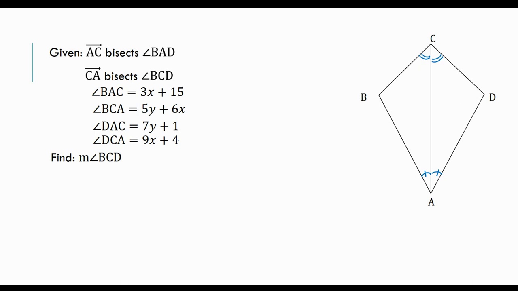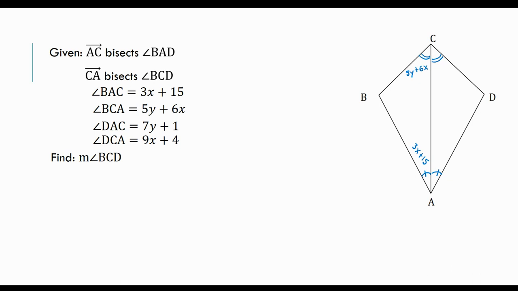We are told that the angle BAC, so that's this expression down here, is 3x plus 15. We're told that angle BCA, that's this up here, is 5y plus 6x.